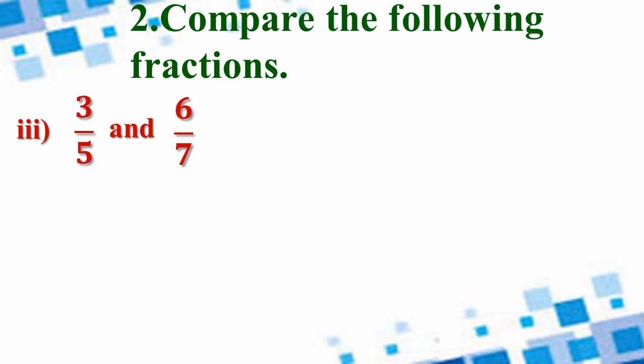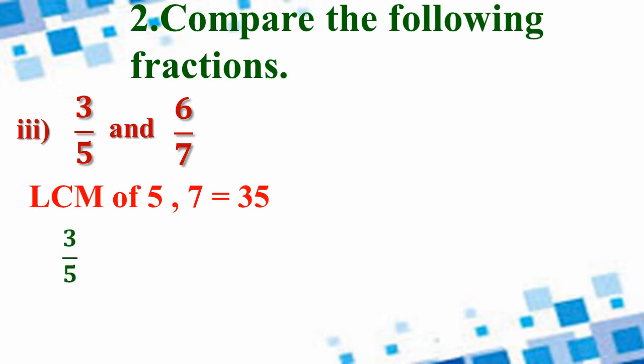The LCM of 5 and 7 is 35. Now we will multiply both the numerators and denominators of the given fractions by a suitable number. Let us multiply both numerator and denominator of the fraction 3 by 5 with 7.